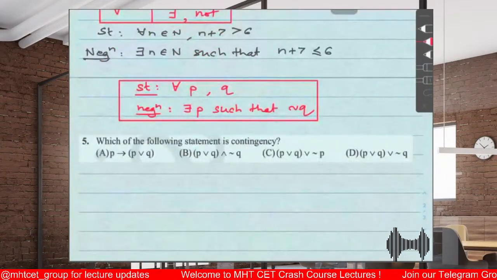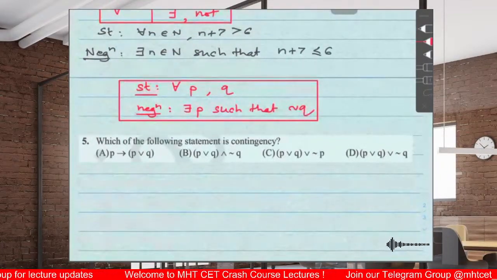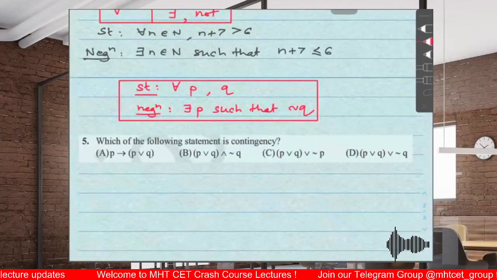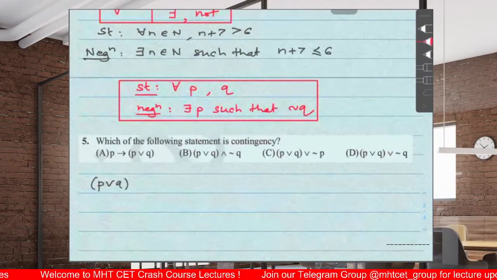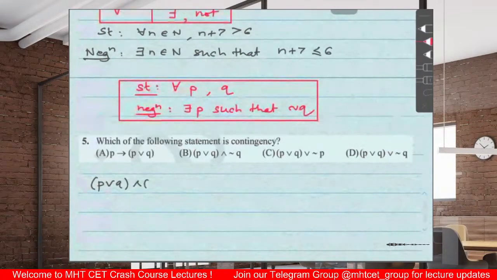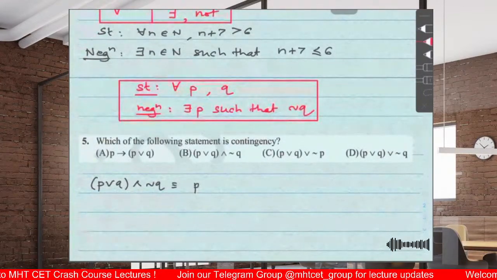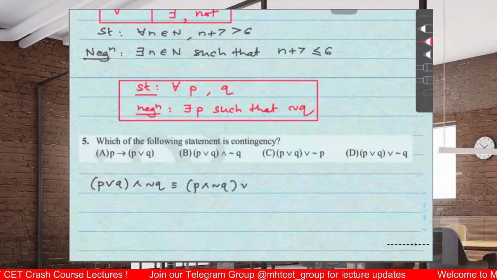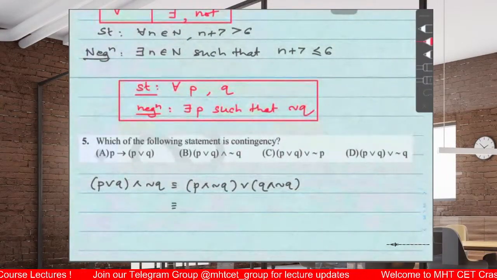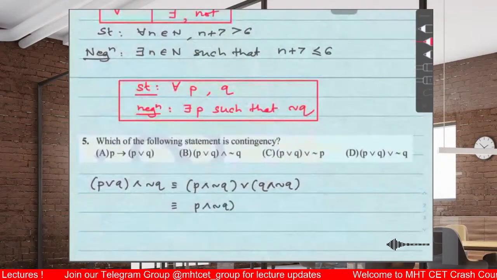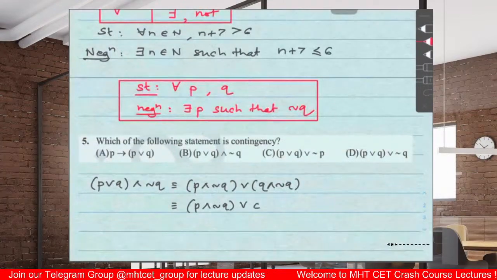So which of the following statements is contingency? ठीक है. तो इसको either you can prepare a truth table or you can use rules. This is P or Q and not Q. If you use distributive law, it is P and not Q, or Q and not Q. Q and not Q is contradiction.